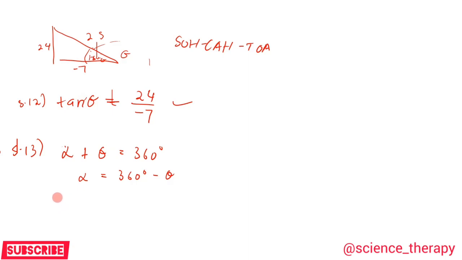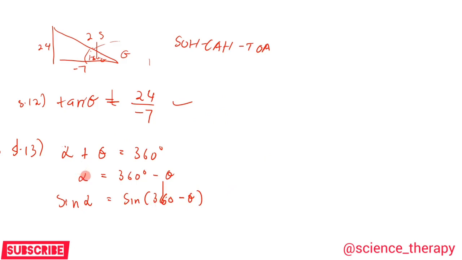So okay, now having that, if we plug in our trig ratio sine, because we are looking for sine alpha, we'll have sine alpha is equal to sine 360 minus theta, so we introduce the trig ratio sine on both sides, right? Now we know that sine 360 minus theta represents sine in the 4th quadrant.